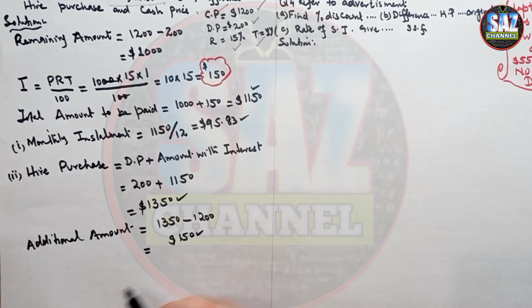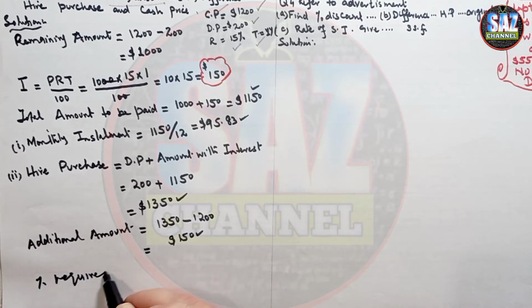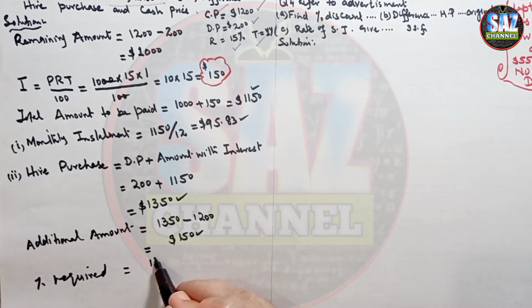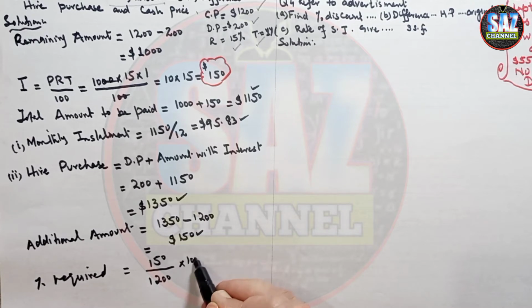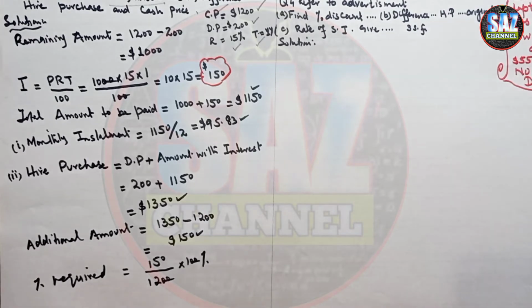Now we have to find the percentage. So the required percentage equals additional amount upon actual price multiplied by 100%. These two zeros can go, and 150 divided by 12 gives me 12.5%. I hope you are clear about this question, and let's move to the next question.